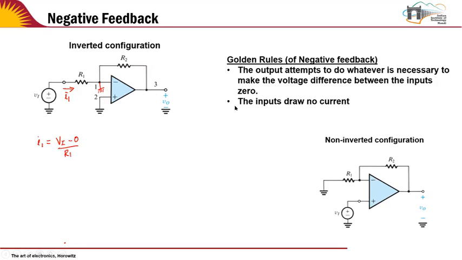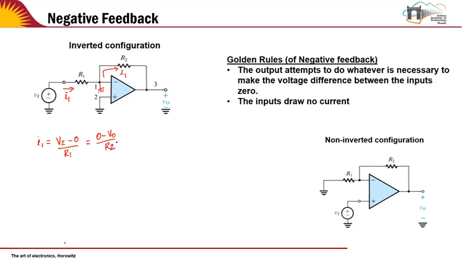Now we know that the inputs draw no current. That means the current I1 which is flowing into this virtual ground cannot flow into the op amp, and current continuity has to be maintained. That means the same I1 is actually flowing over here and then going to the output side. Okay. So what is the current flowing to the output side? That's equal to 0 minus V0 by R2, right?